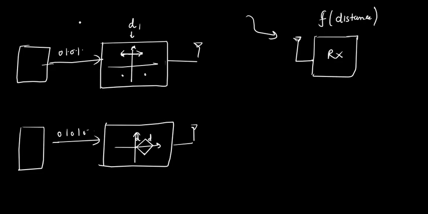So, this is the distance between the constellation points, and f is a monotonically decreasing function of distance.